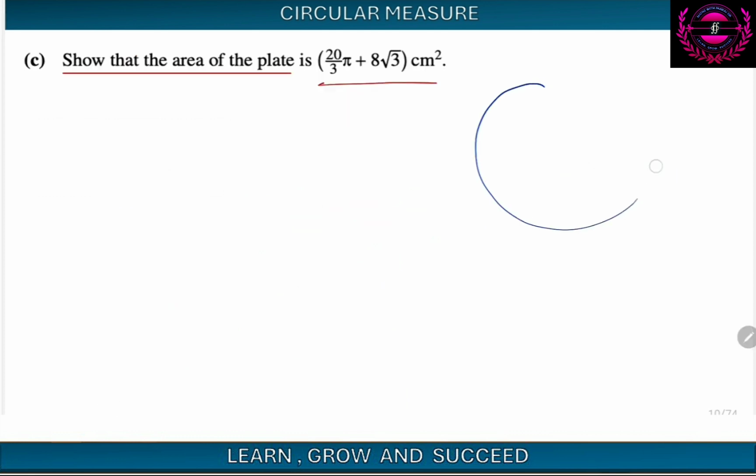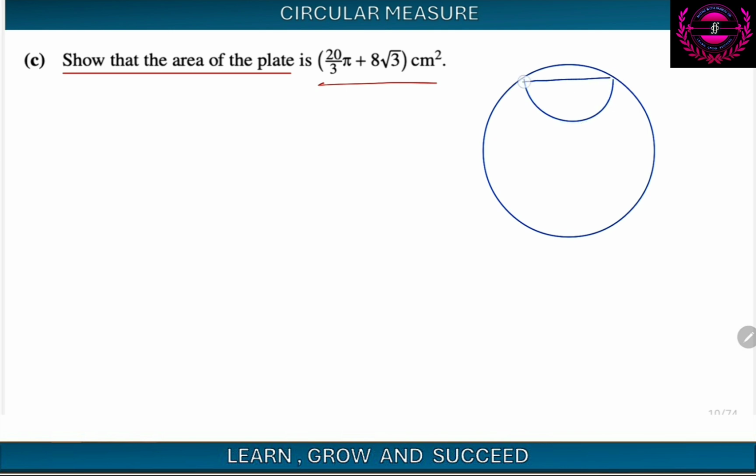Let me draw the diagram here once again. This is the circle, and here this is PQ, this is the segment, this was region 3, this was 1, and here I had 2 and this was 4. I know this is center C. The radius of the larger circle is 4.